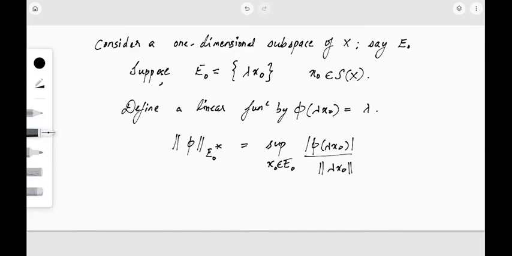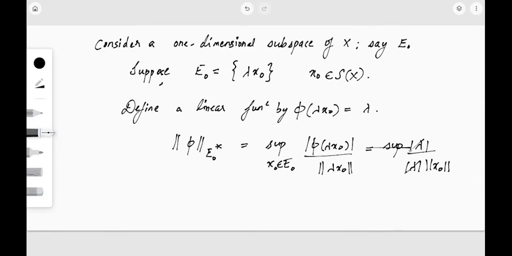Usually the definition was supremum of mod f of x by norm of x. Here we are dealing with E₀ and every element is of the form lambda x₀, so that is the element we have to consider. So this is the supremum of mod lambda by, taking mod lambda out, mod lambda into norm of x₀.